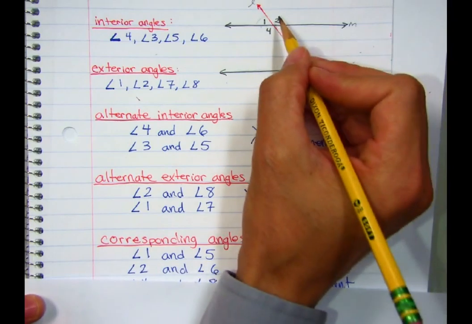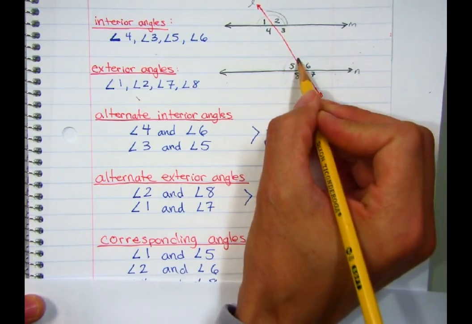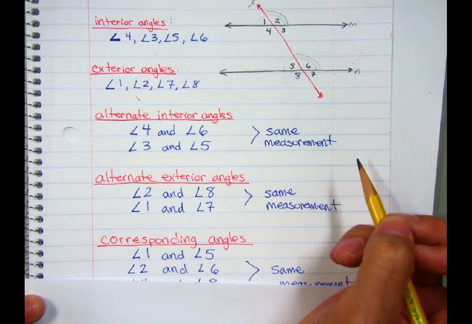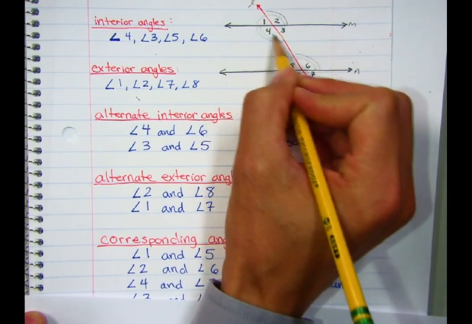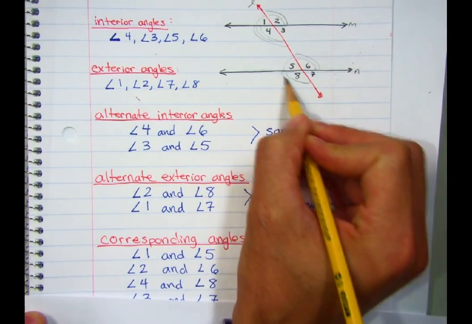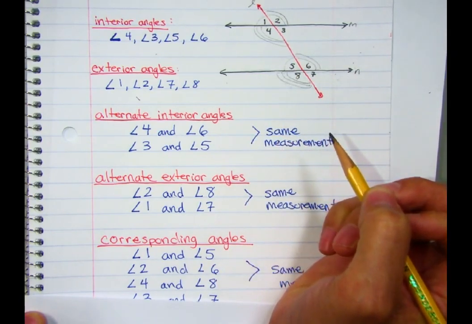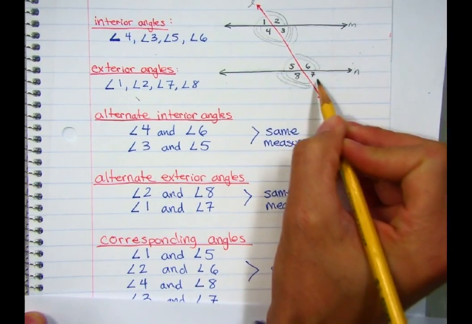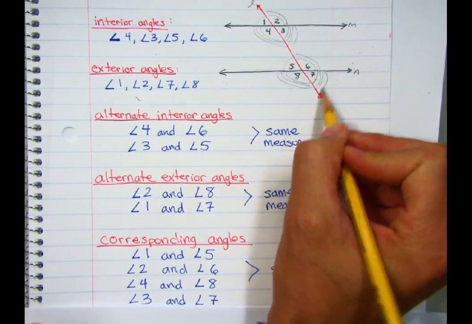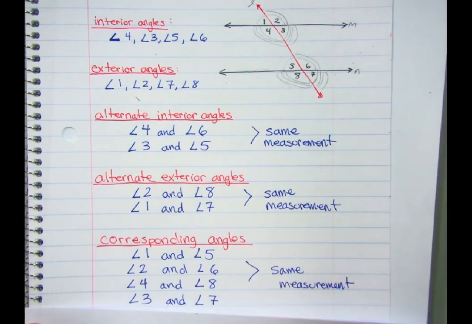Angle 2 and angle 6 are corresponding angles. We also have angle 4 and angle 8. Those are corresponding angles. And lastly, angle 3 and angle 7 are corresponding angles. And again, these will have the same measurement.